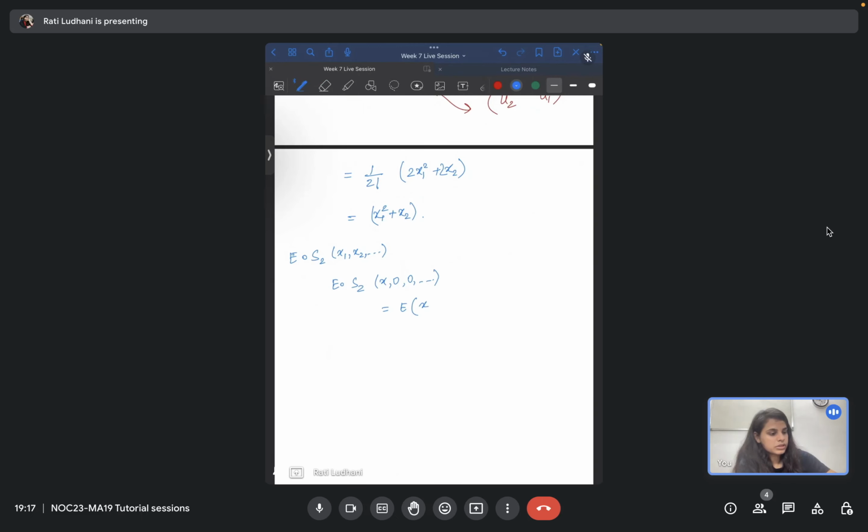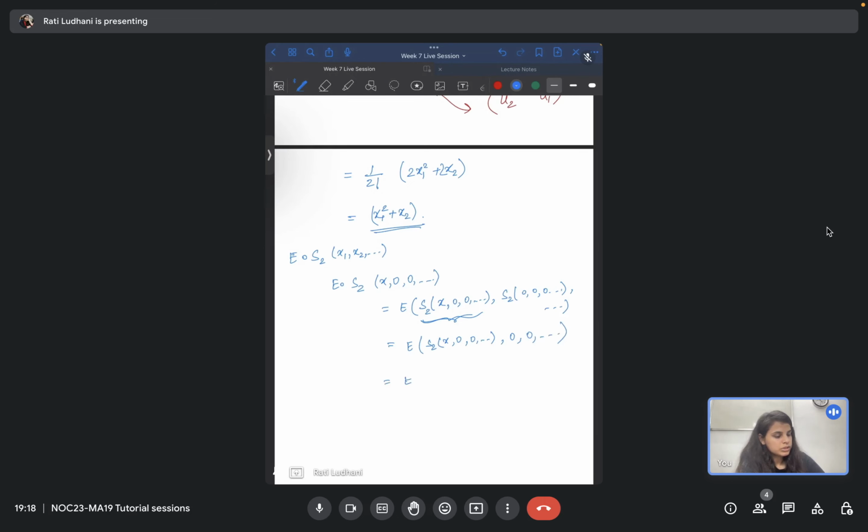So you can think of this to be S2 of x comma 0, and for the second part here it will be x2 comma x4, so you'll have just 0. So these will all be 0. This is the important one you will need, because when you put x1, x2 to be 0, then this will be 0. So you have this 0 comma 0.